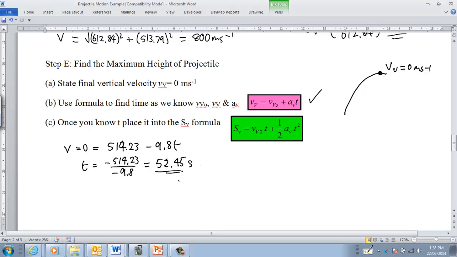Alright? Now, once we've got that time, the next thing we need to do is work out how high it will go. So s vertical is going to be initial velocity, 514.23, times by that time, 52.45, take 4.9 times by that time, 52.45 squared. And that should give us our vertical displacement upwards.